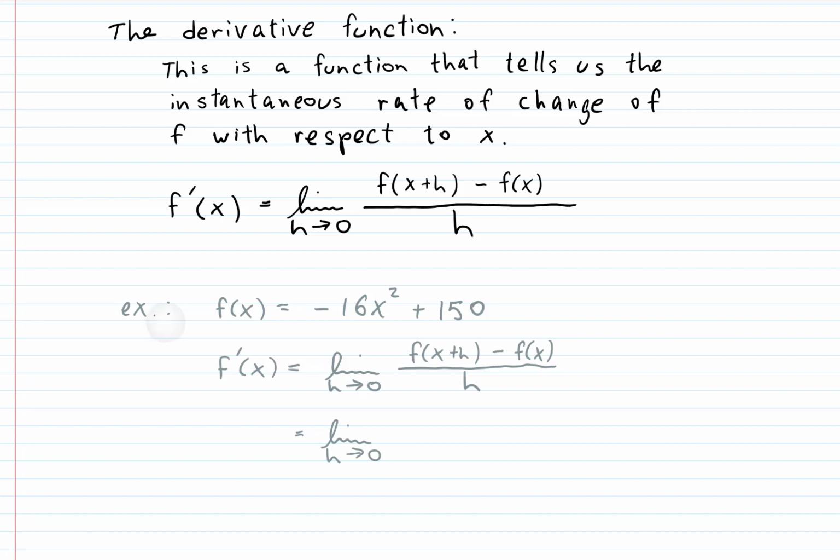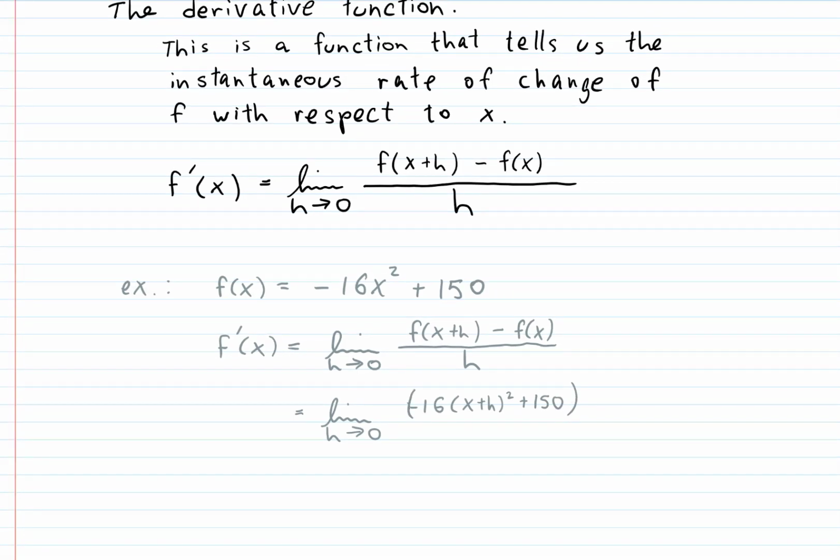So that's the limit of negative 16 times x plus h squared plus 150 minus negative 16x squared plus 150, over h.